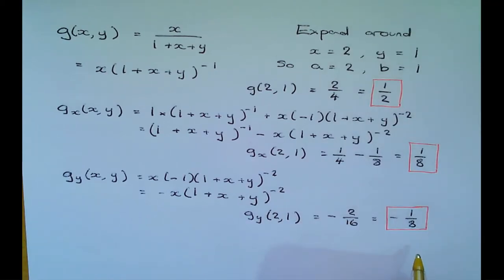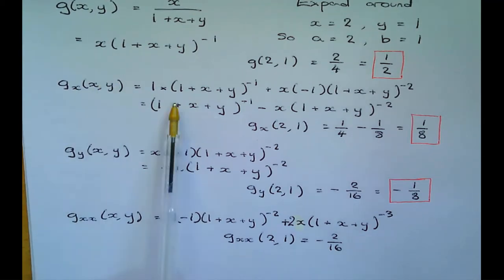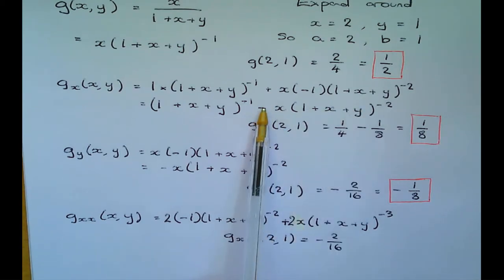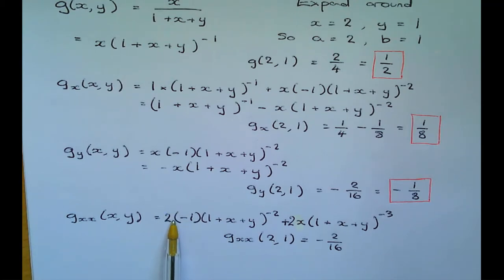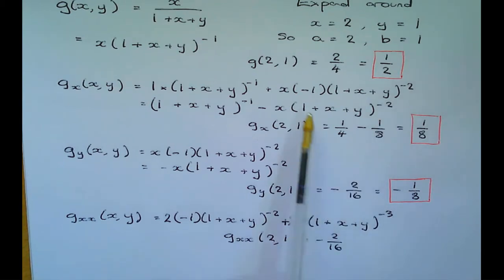Now we go towards the second derivatives. The second derivative, g_xx at x and y, we differentiate g_x. So we'll have minus 1 times 1 plus x plus y to the power minus 2. And then from the product rule here, minus another 1 of those same terms, hence the 2 here, minus x times minus 2, that's plus 2x, times 1 plus x plus y to the power minus 3.